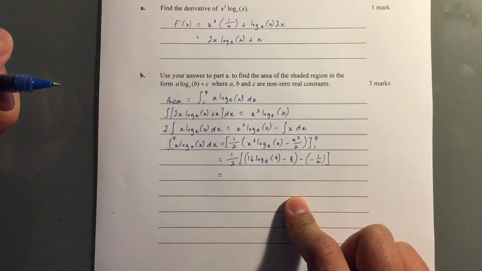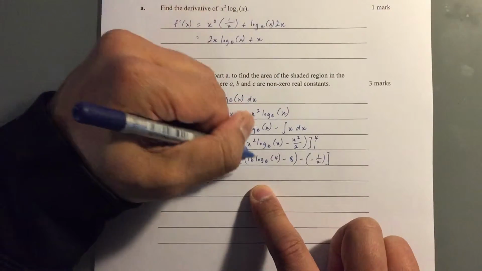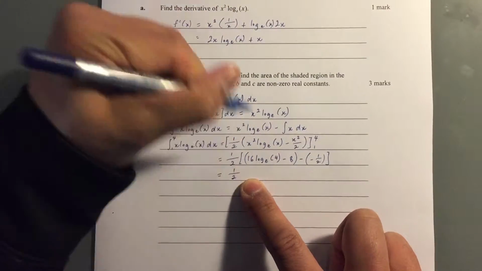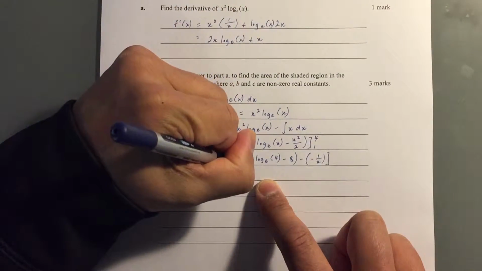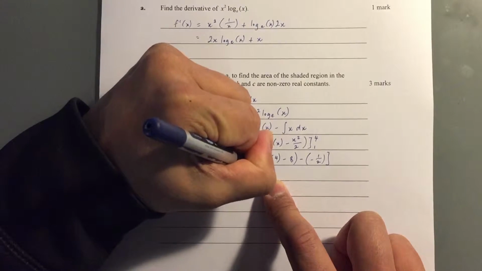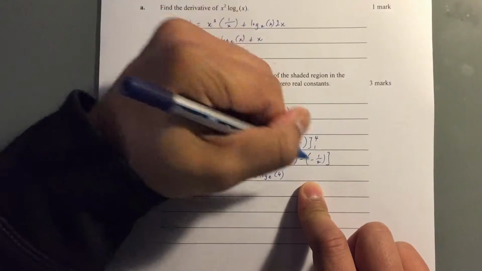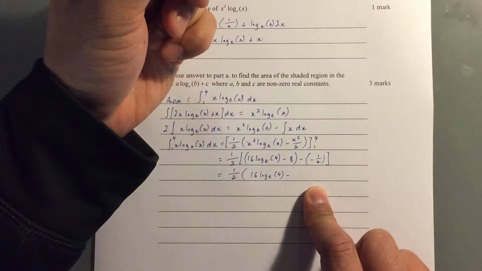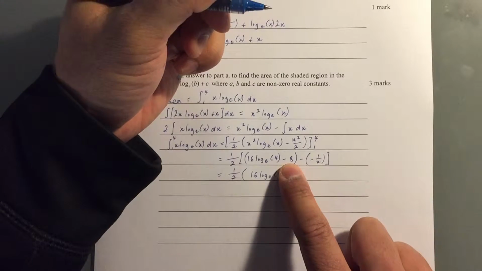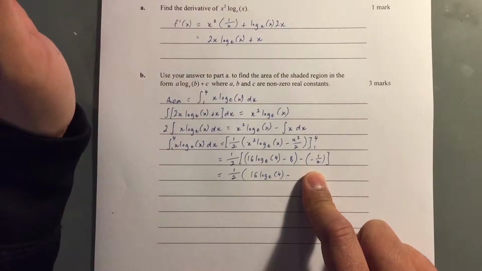Let's just clean this up a little bit. So this will be a half times 16 log e of 4, take, well, negative 8, so I have to be careful here. With negatives, I can make a lot of mistakes.